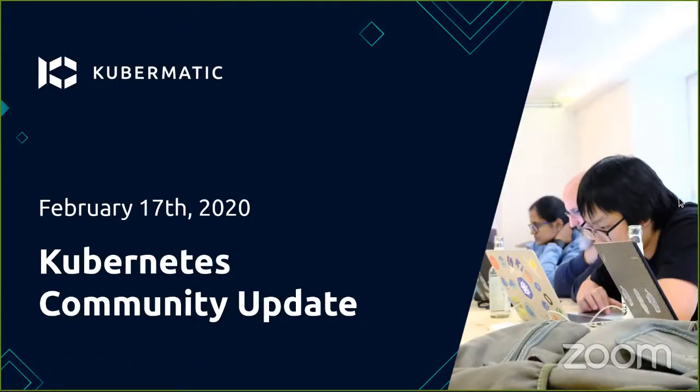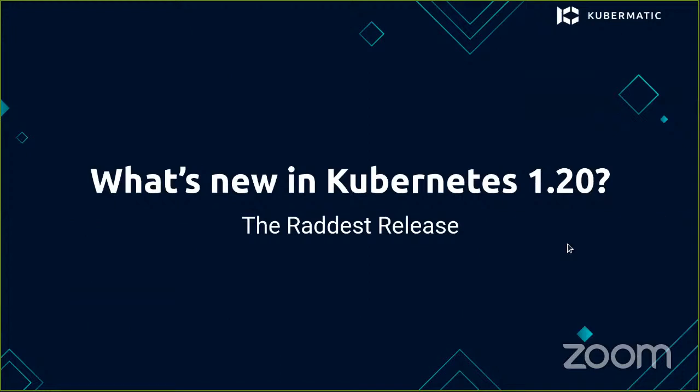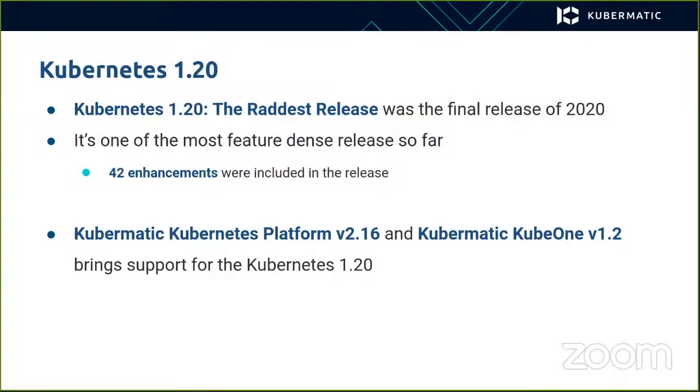And let's go. So the first topic of today is what's new in Kubernetes 1.20. Kubernetes 1.20, called the Raddest release, was the final release of 2020. And it is one of the most feature-dense releases so far. We had 42 enhancements included in the release, many of the features graduating to stable, to beta stability, and also introducing alpha features.